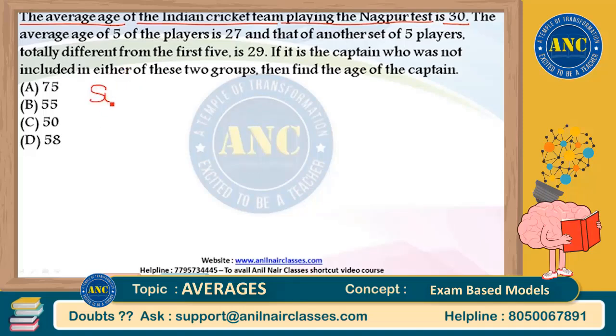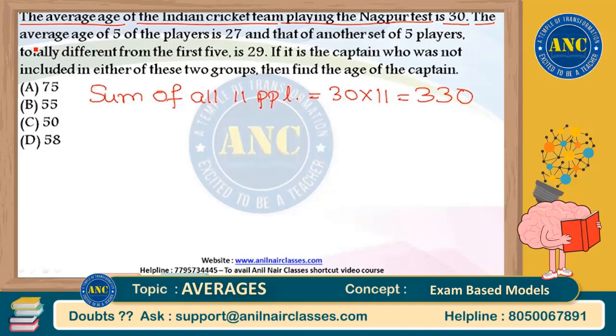An average age of 30 for 11 people means the sum of the ages is 30 into 11. So the total sum of the ages is 330.